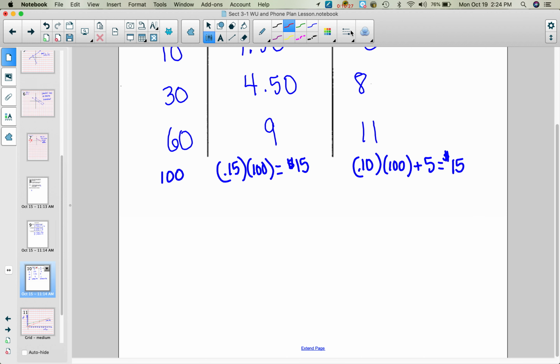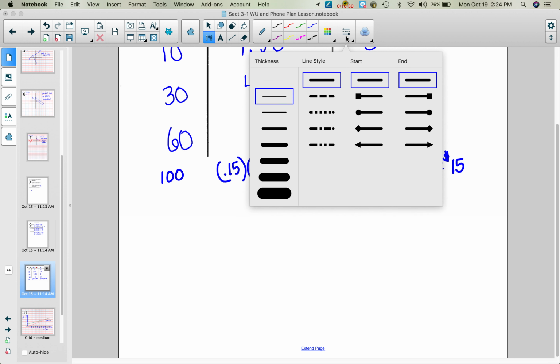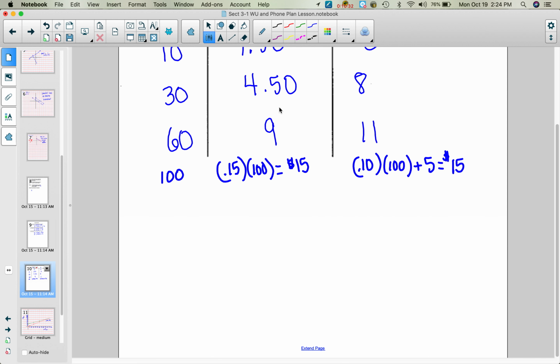So I want to extend this just a bit to what if we had our guess and check tables. Remember back to when we did guess and check tables. So what if I just let it be n for number of minutes? This would be 0.15 times n for my cost for plan A. And my cost for plan B would be 10 cents per minute plus $5.